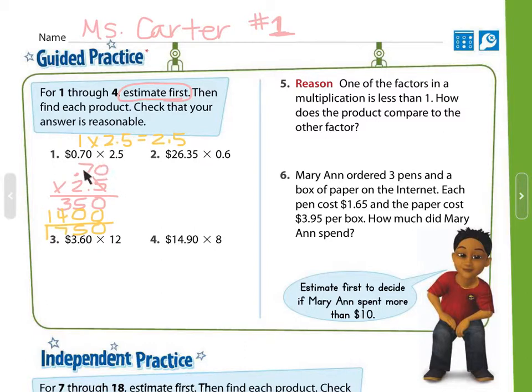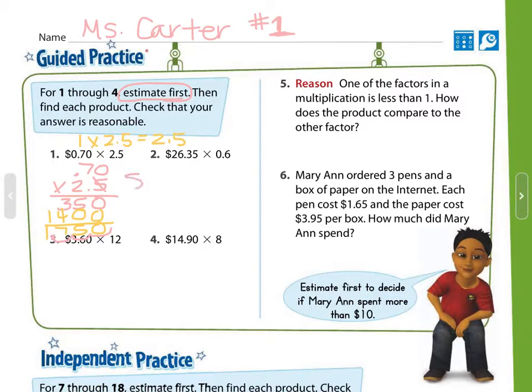We have 70 cents, so we have 1, 2 decimal places. And we have this third one right here after the decimal place. So 1, 2, 3 numbers are after the decimal. And so we would need to move the decimal 1, 2, 3 places.